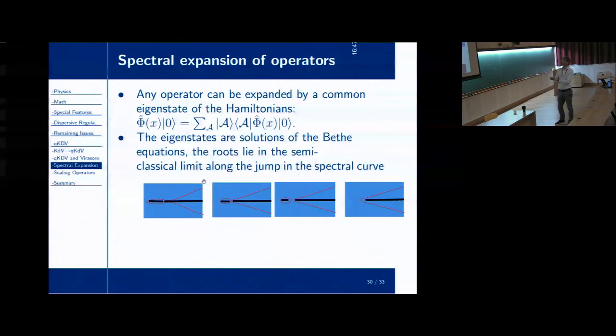And in that sense, what I've done here, I've taken the operator and expanded it in states which are characterized by a spectrum of the Lax operator, which also means that they are characterized by certain shapes of the Laplacian growth droplet.